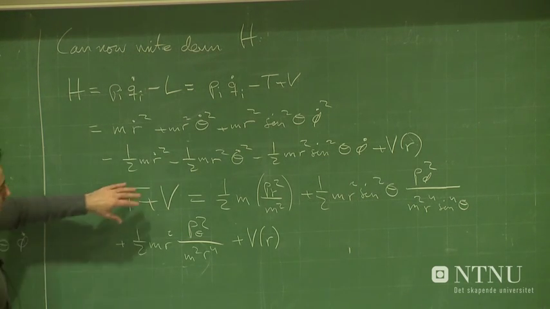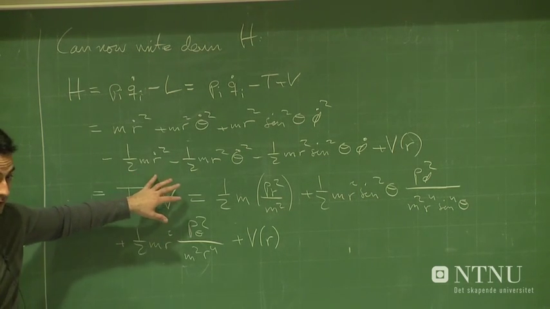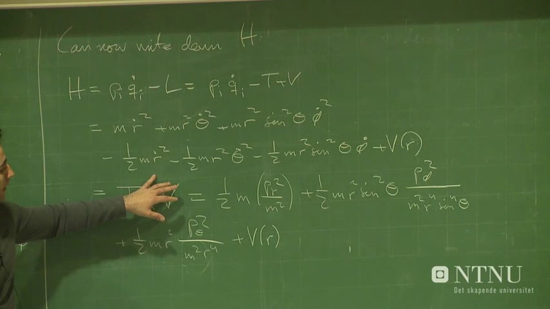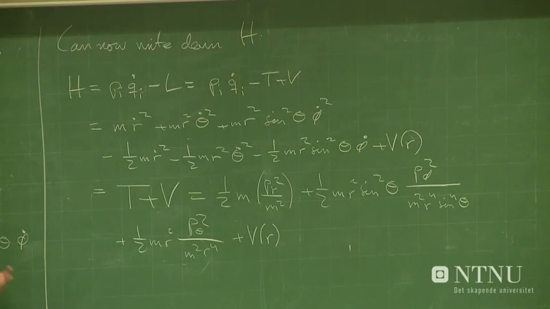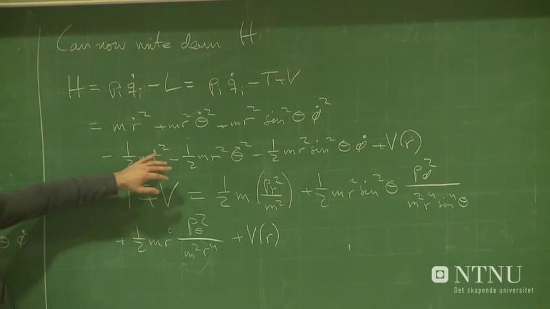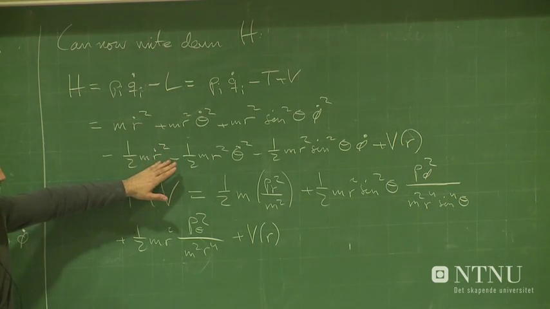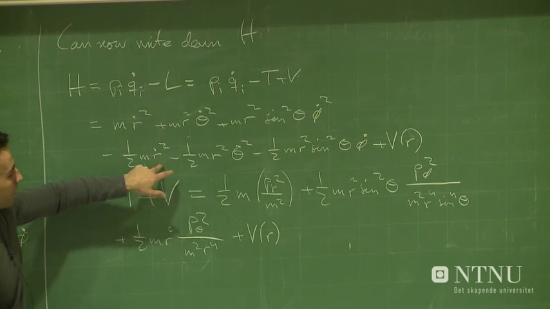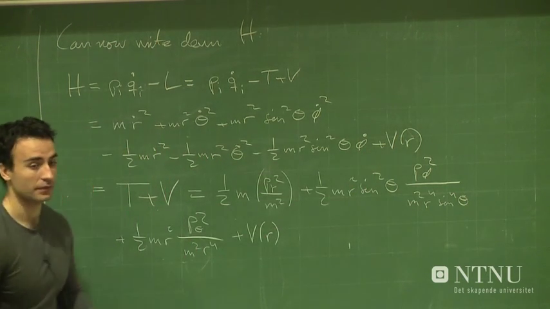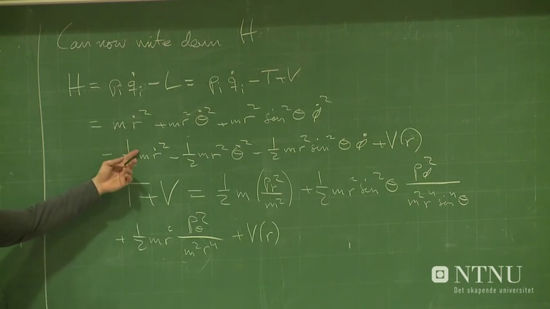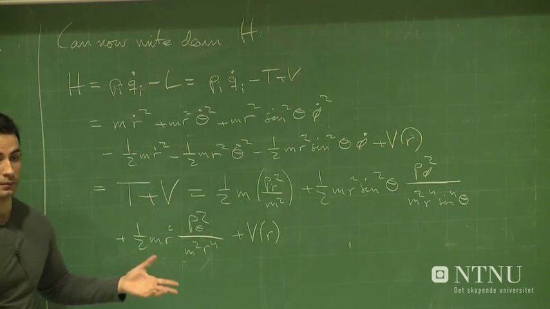So what I did now was to actually perform the fourth and last step in the recipe to obtain the Hamiltonian, because I exchanged or eliminated all these q dots, all the time derivatives of the generalized coordinates, with their canonical momenta.